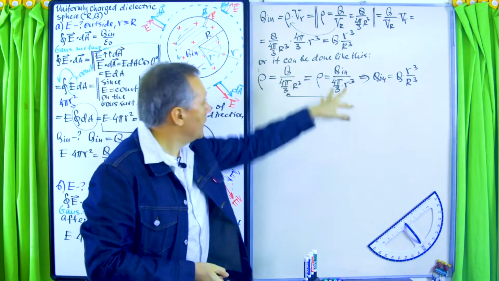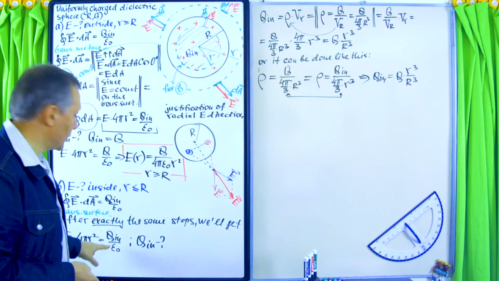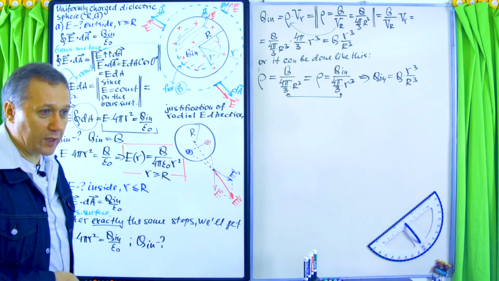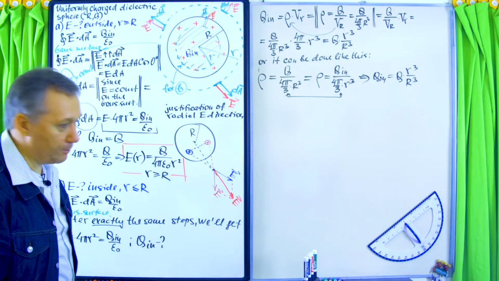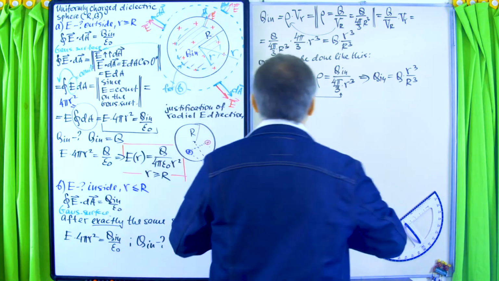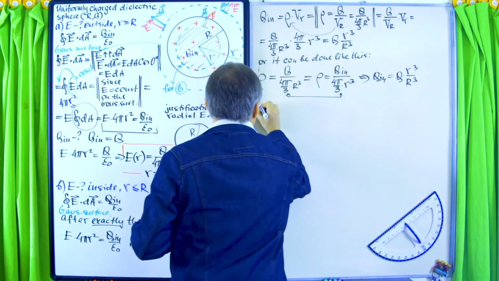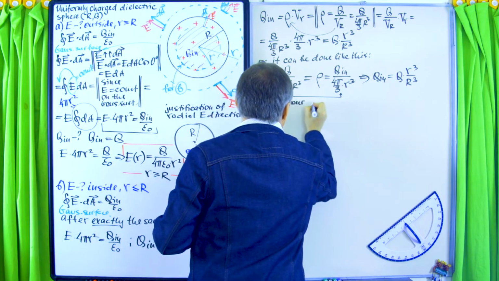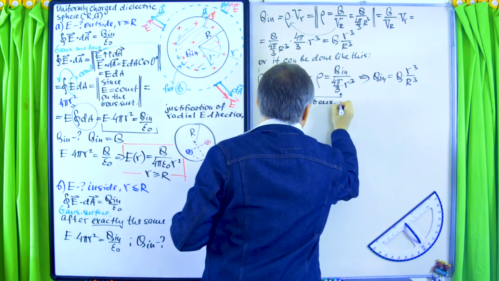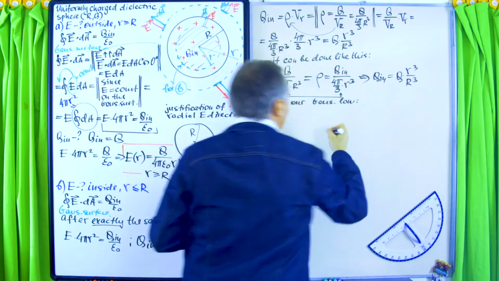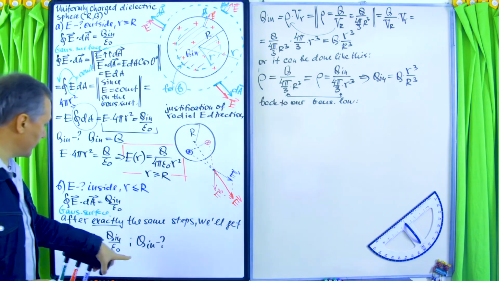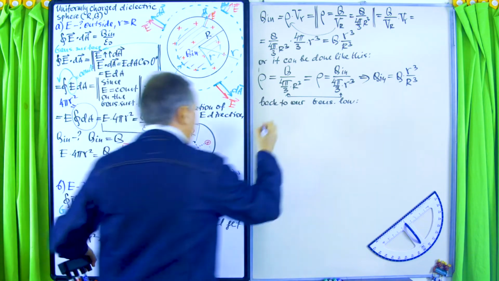Okay, so now, once we found Q enclosed, it's time to plug it back into what we got from Gauss's law and complete the problem. So back to our Gauss's law, pretty much back to this point. Let me rewrite it with that expression for Q enclosed.